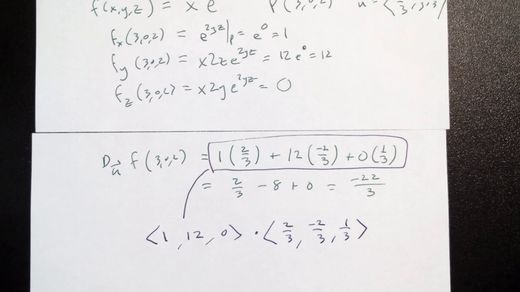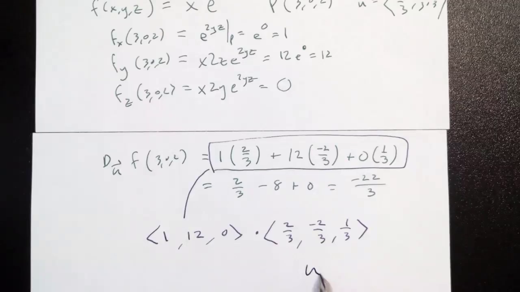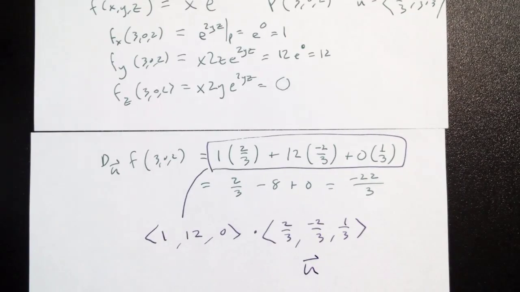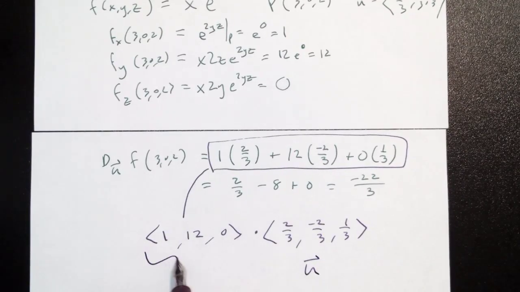And not only is it a dot product, the second part of it is u. This was the vector u. So what is this?